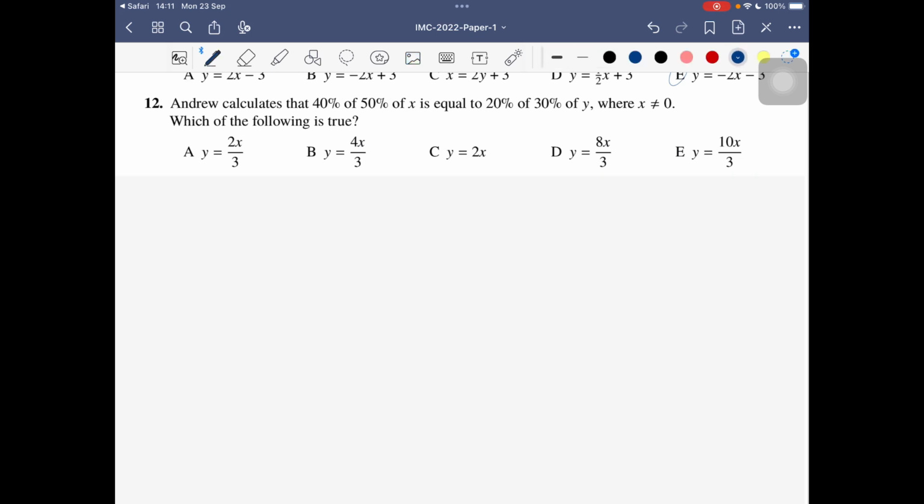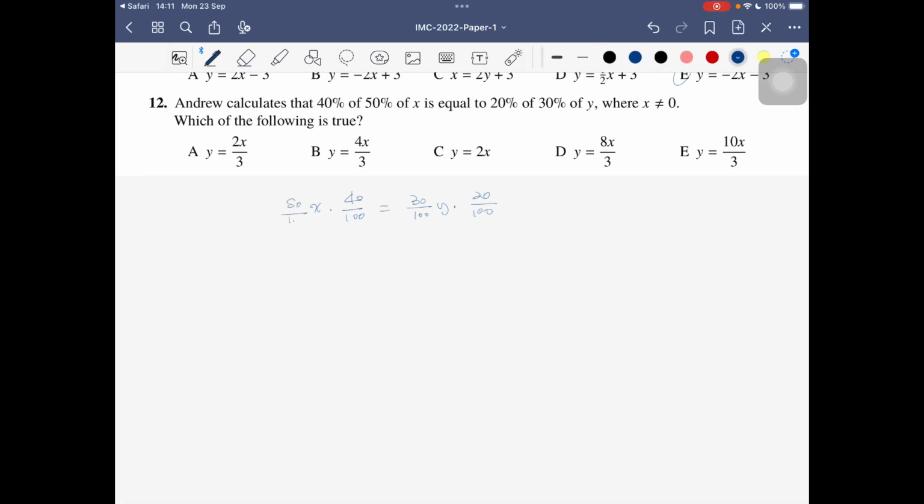So 50% of x is half of x, and 40 over 100 equals 30% of y times 20%, like this. Which of the following is true? Let me do this also, 50 over 100, to make everything cancel. Then 10x equals 3y. Therefore, y equals 10x over 3.